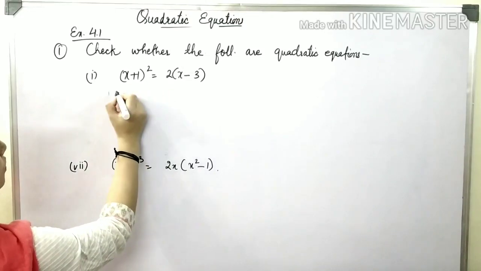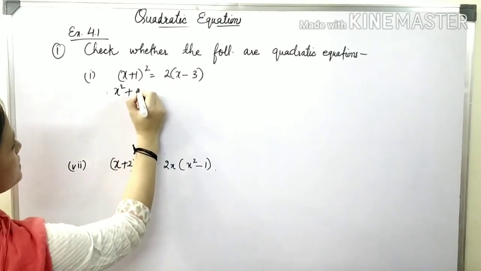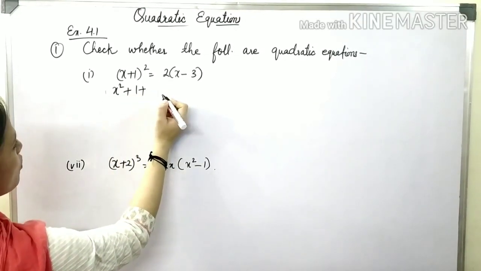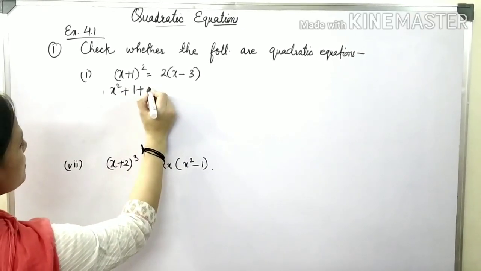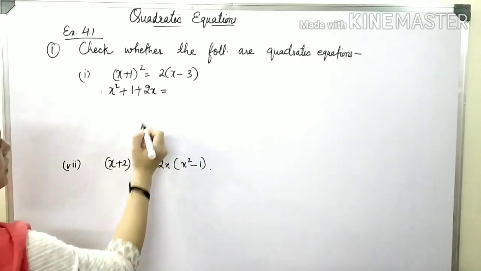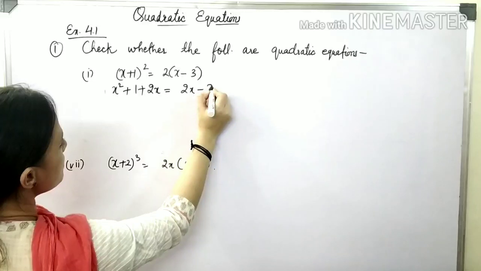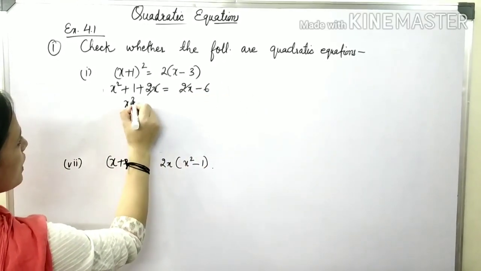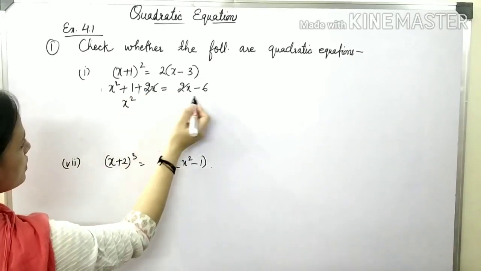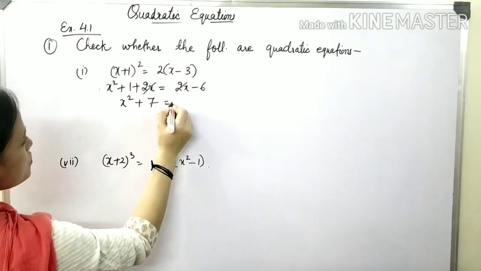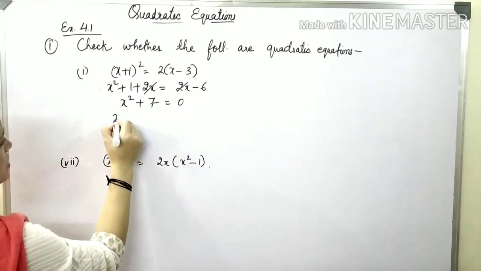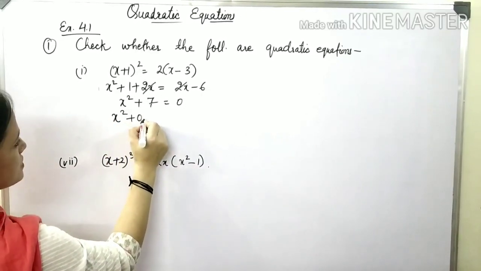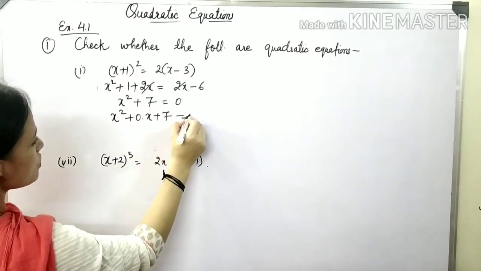(x plus 1) whole square can be expanded by the identity (a plus b) whole square, that is a square plus b square plus 2ab. We multiply inside. This is getting cancelled. x square plus, this we will bring here, x square plus 1 equal to 0. Can we just write x square plus 0x plus 7 equal to 0?